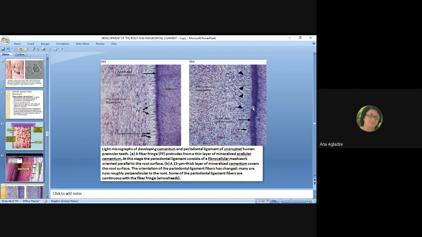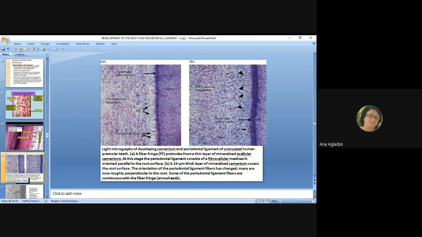Here you can see the first laid down acellular cementum, and the fiber fringe is indicated by arrowheads.